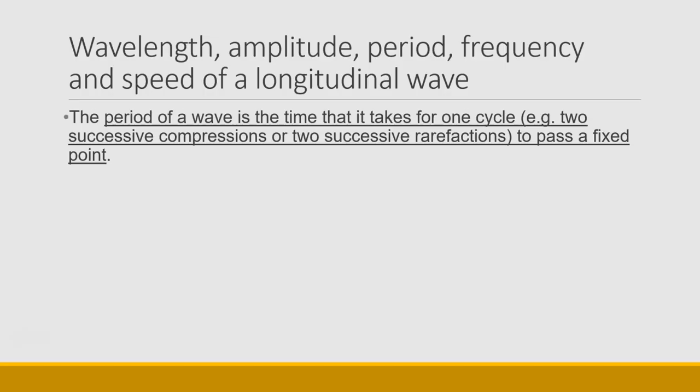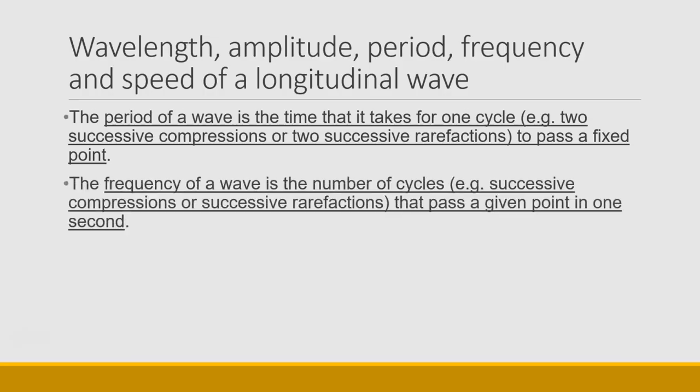But in this case, one cycle would be two successive compressions or two successive rarefactions. The frequency of the wave, also the definition remains the same. It is the number of cycles that pass a given point in 1 second. But again, in this case, a cycle is two successive compressions or successive rarefactions, not successive crests or successive troughs.